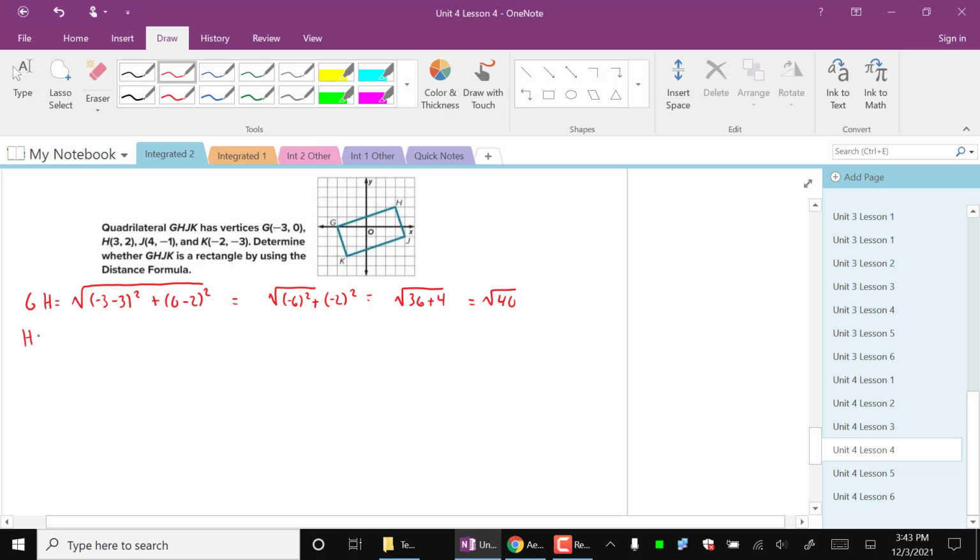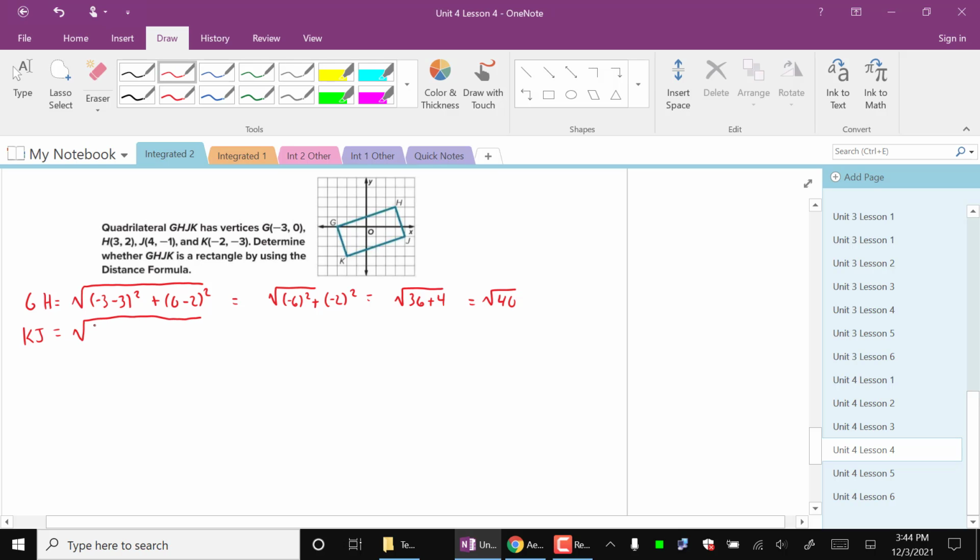So we did GH. Now, actually, let's do KJ, since it lines up. Square root.